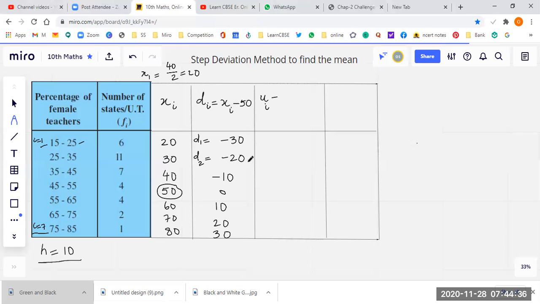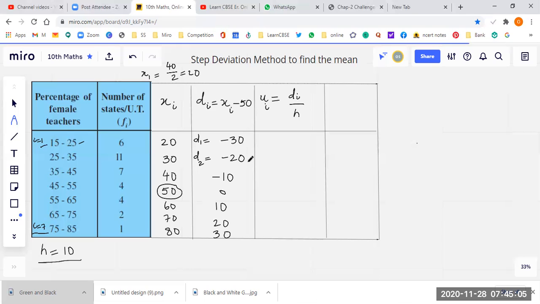Students, ui is your di divided by h. Here the class size h is the same in all the intervals. Sometimes it is not the same. This is the clue I'm giving you.